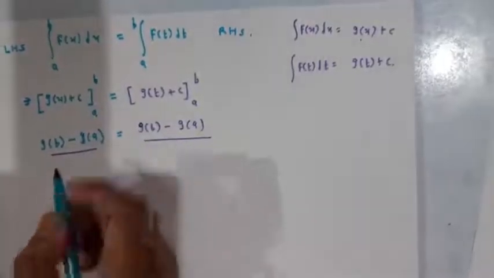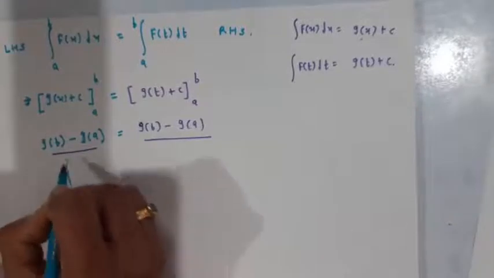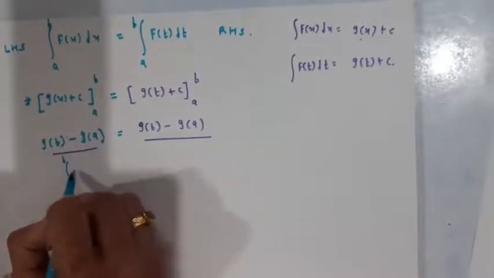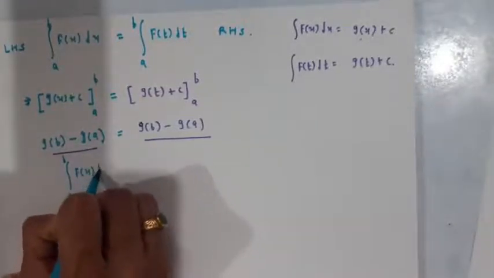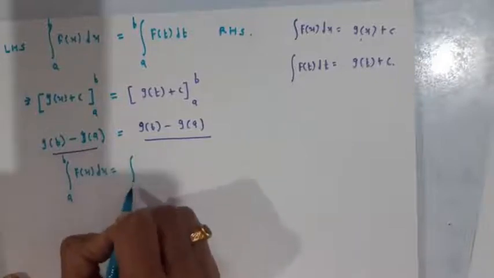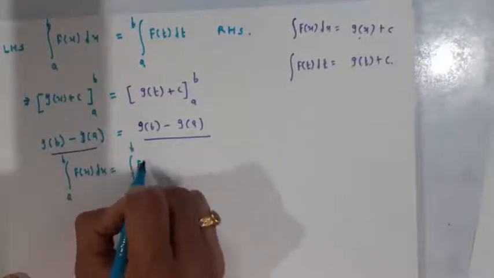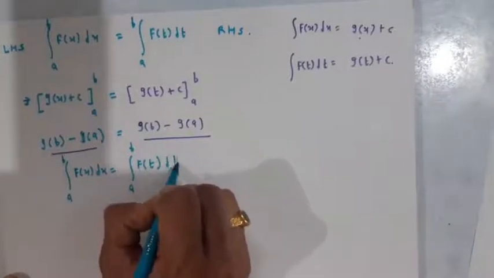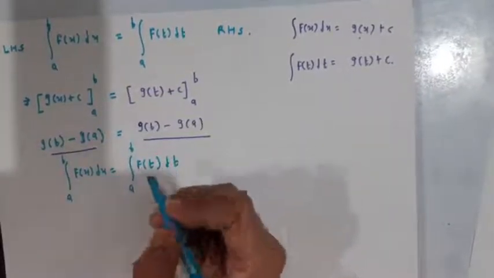From 1 and 2 we directly prove that the integration with limits a to b of f of x with respect to x is equal to f of t dt with limits of integration a to b.